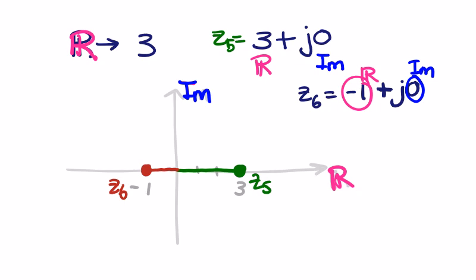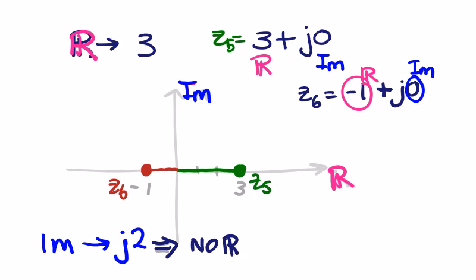What about a pure imaginary number now? A complex number that only has the imaginary component, something like j2, for example. Let's see how this would look. j2 could be rewritten as 0 for the real part, plus the imaginary component j2.